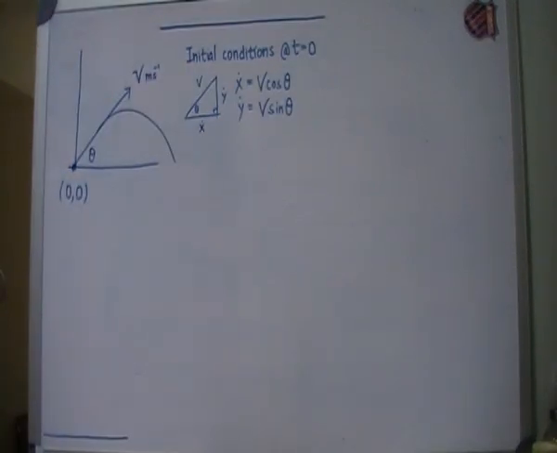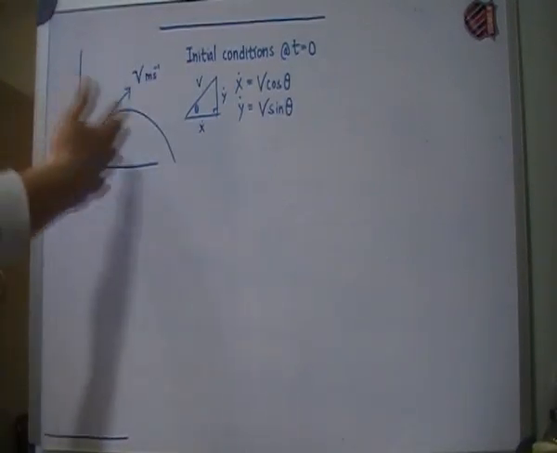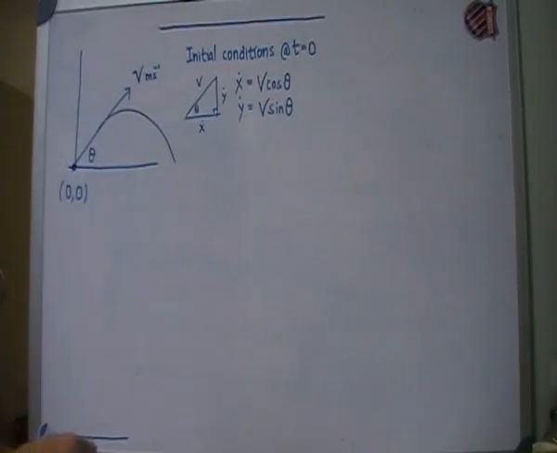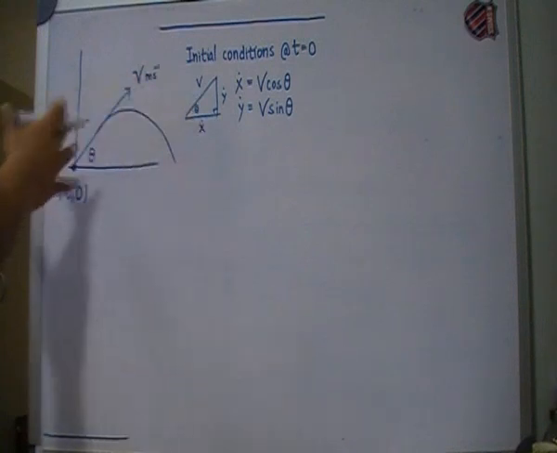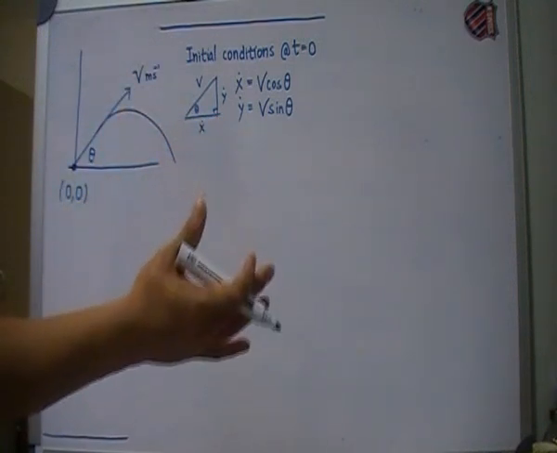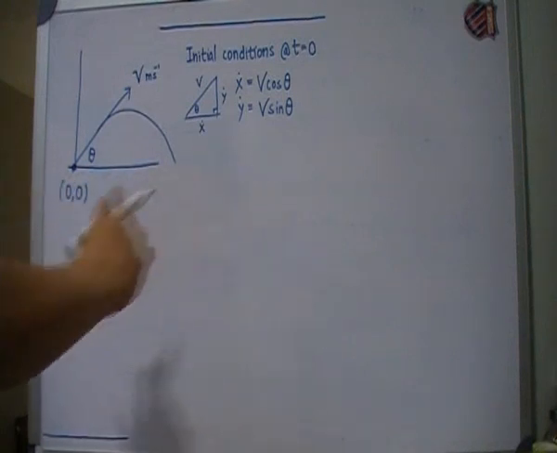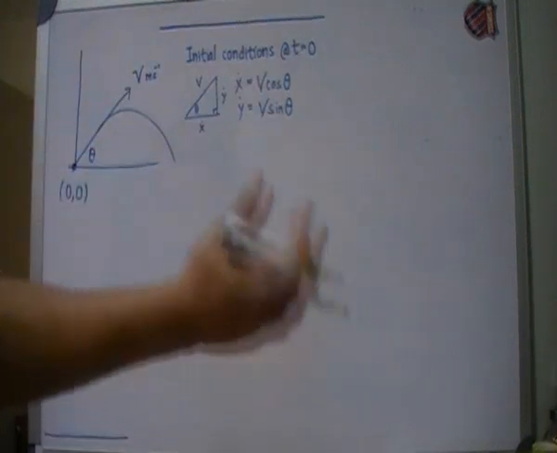Most questions will ask you how far does it travel, what's the greatest height attained, or find the angle if it hits some sort of point. To do these, we actually need to derive equations of motion. For the x acceleration, the horizontal acceleration, you're thinking about a ball that goes through the air.